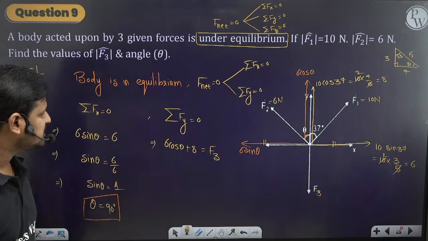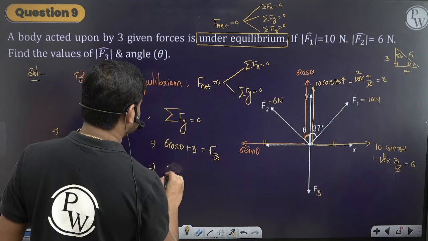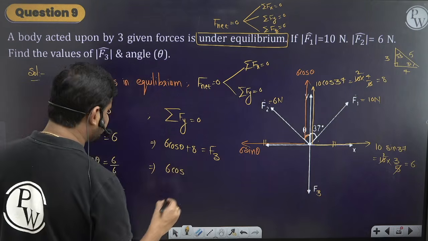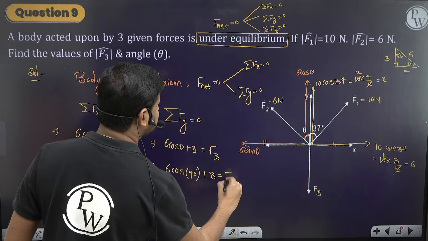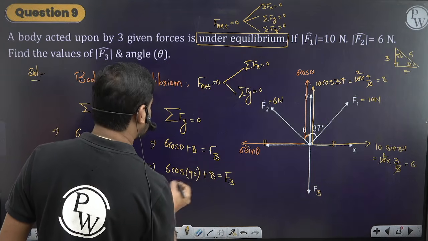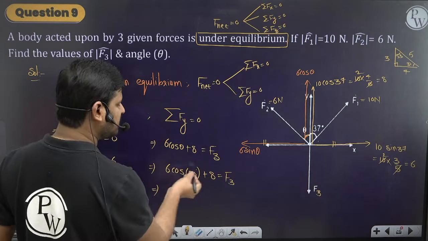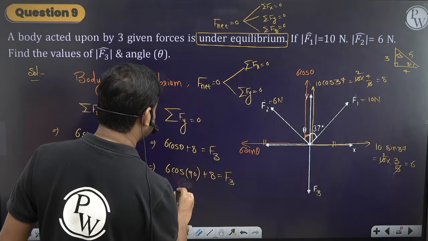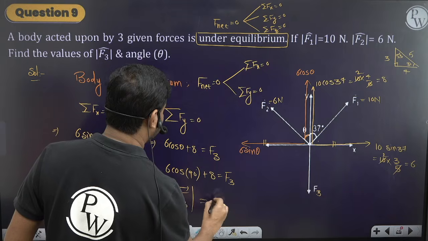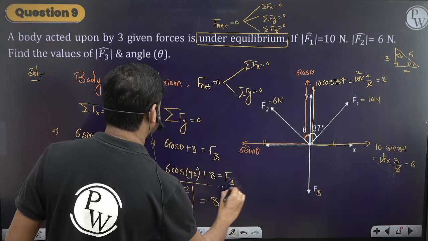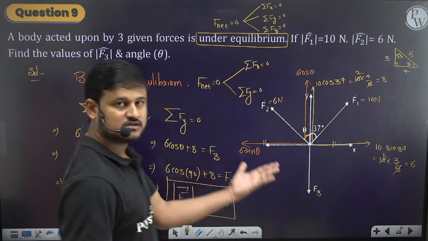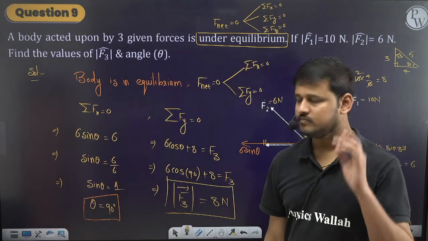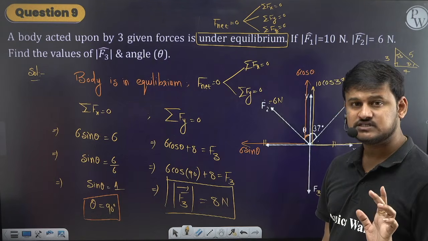Now we know the theta value, so 6 cos 90 degrees plus 8 is equal to F3. Cos 90 is 0, so that whole term will be 0. So the F3 magnitude is 8 newtons, and theta is equal to 90. That's what we have to find. Clear? Understood, guys?